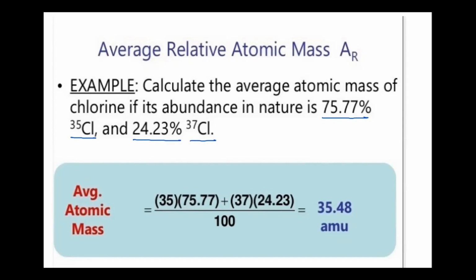In this particular question, they have not given us a mass spectrum, but they have quoted the values in the question. So we will just write down the atomic masses of the different isotopes. This is the first isotope, its mass, multiplied by its percentage abundance, right? This is the second isotope along with its percentage abundance, and we will take the average of this. So we get the answer, 35.48.